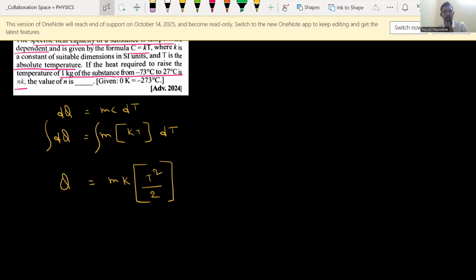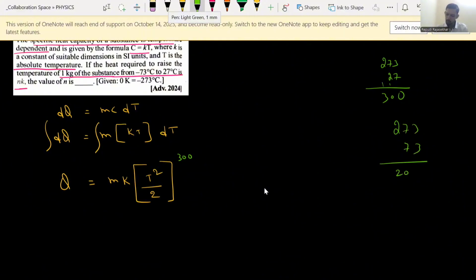But you should not take degrees centigrade. You have to convert into kelvins, the absolute temperature. So 273 plus 27 is 300. This is the upper limit. And where it started, minus 73 initial temperature, so 273 minus 73 is nothing but 200.